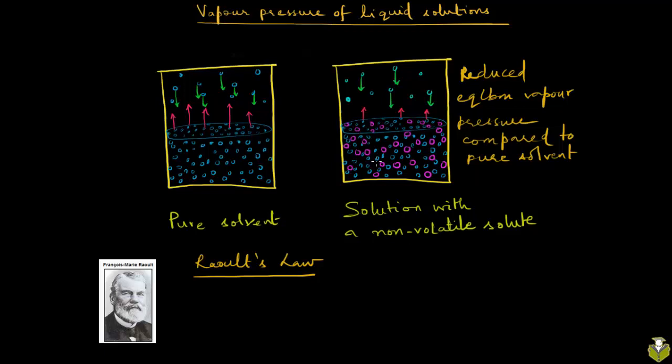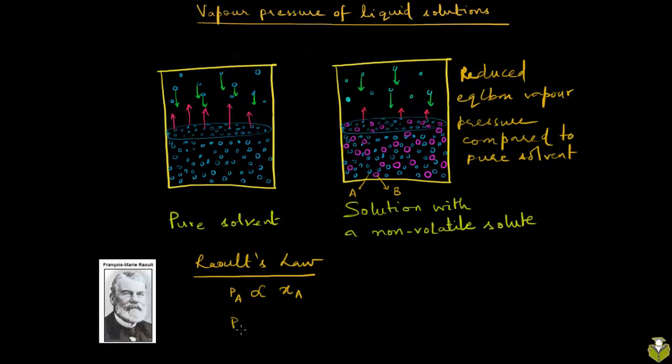Let's say in this case it's a binary solution where the solvent molecules are denoted by A, and the solute particles are denoted by B. Our volatile component is just water, because the other component is a non-volatile solute. So the vapor pressure of A is directly proportional to XA, where XA is the mole fraction of water in this solution.